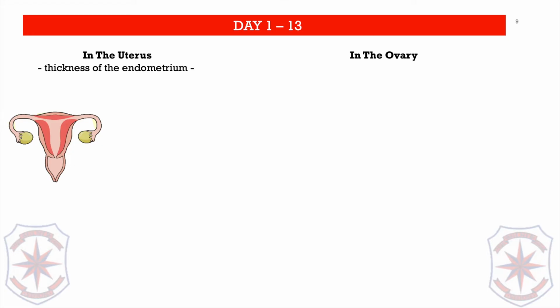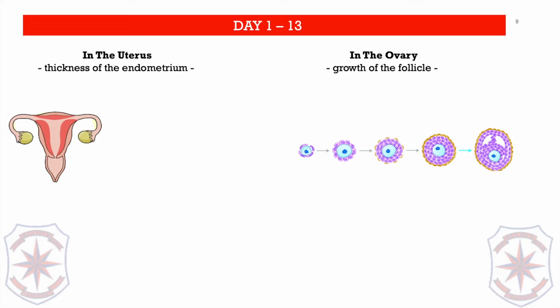In the ovarian cycle, or what happens in the ovaries, the only thing that we're going to be focusing on is the growth of the follicles. So in the uterus, our main focus is the thickening of the endometrium, and in the ovaries, we are looking at the growth of the follicle.